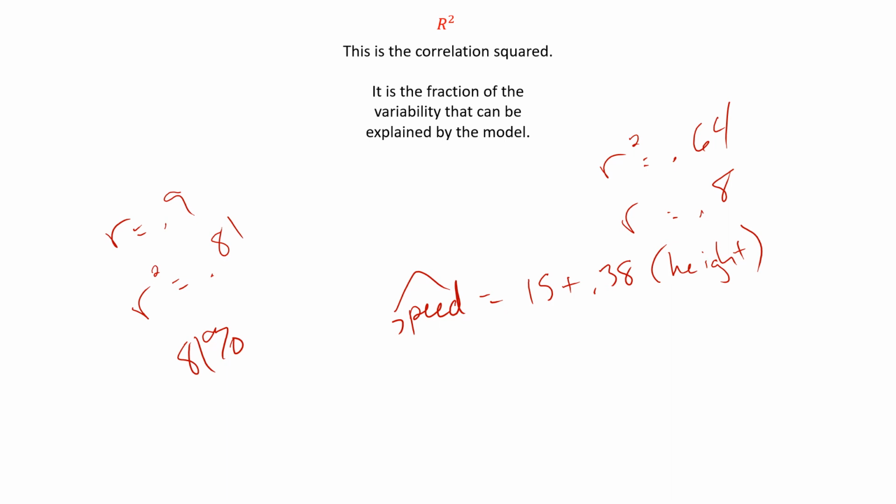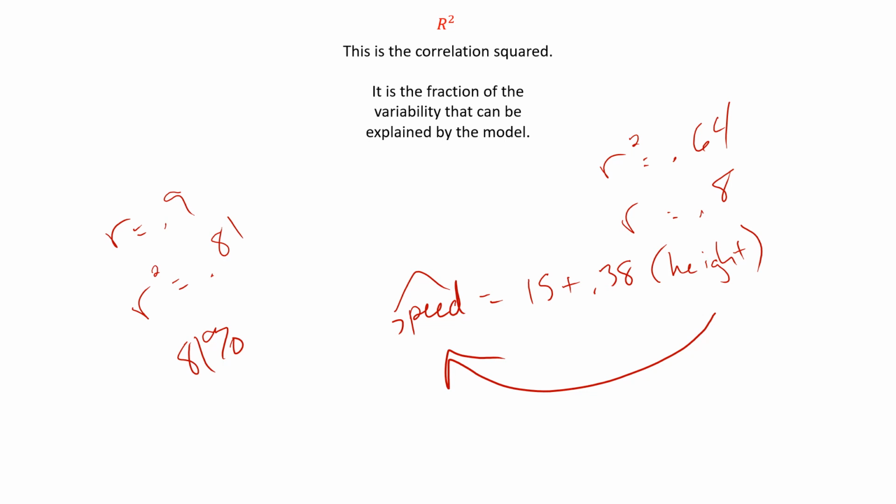If we wanted it backwards, if we knew the speed and we wanted to know what the height was, we can't just find the inverse of this. It doesn't work out. This is specifically going from height to speed. If we wanted an equation to go from speed to height, we would need to do the regression with speed as our x value and height as the y value.